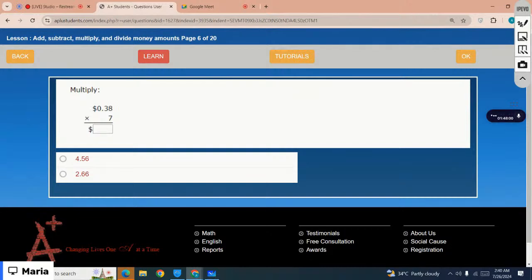So which is the correct option? The correct option is option number 2. 2.66 is the correct option.